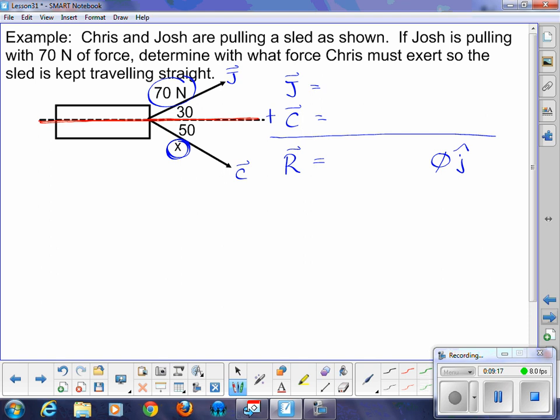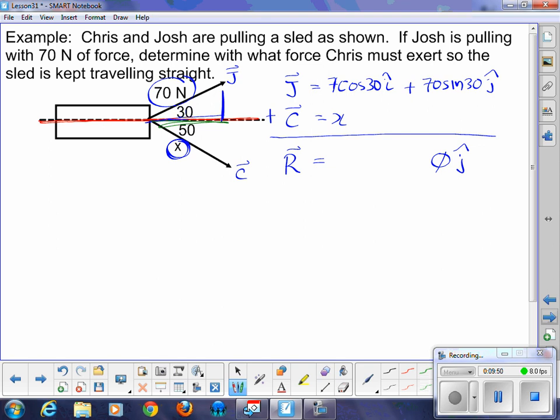So using the algebraic equation of a vector, we know that the Josh vector will be 70 cos 30 i. So that is pulling it to the right and up, so it would be positive. So plus 70 sine 30 j. The Chris vector is going to the right, but I don't know the magnitude, so it is going to be an x.